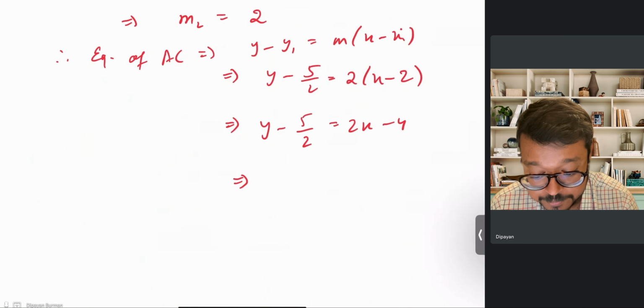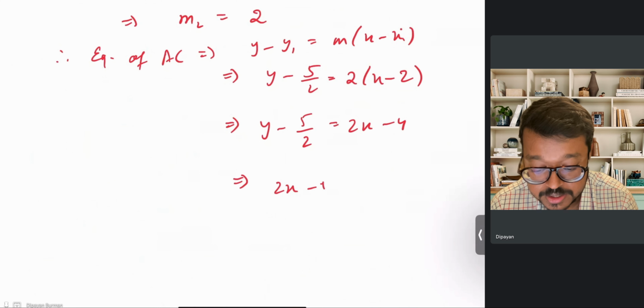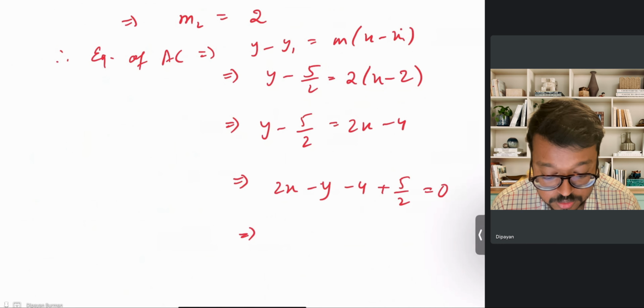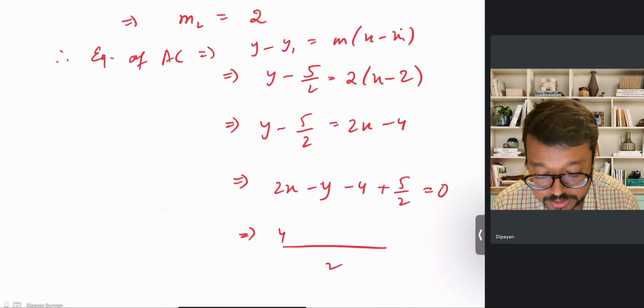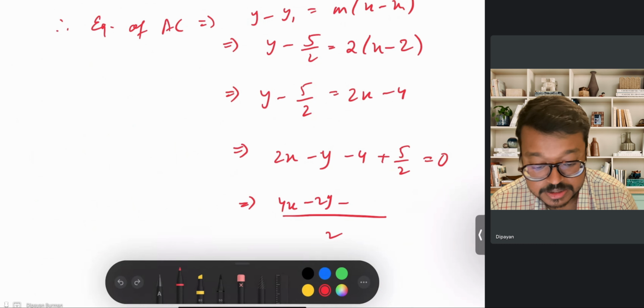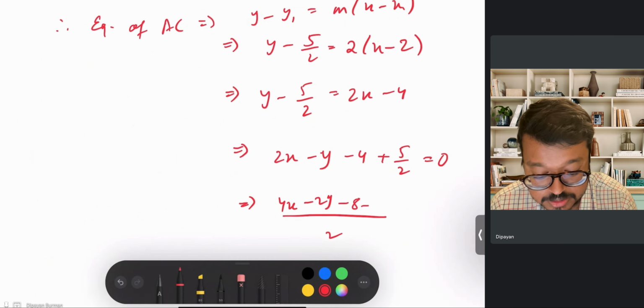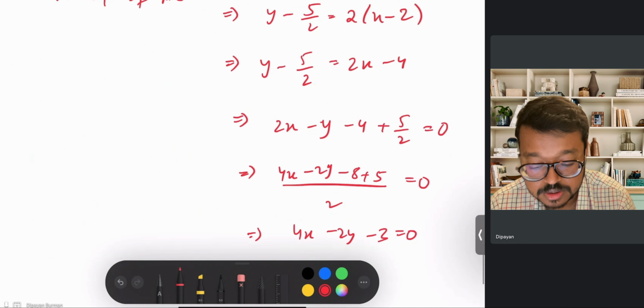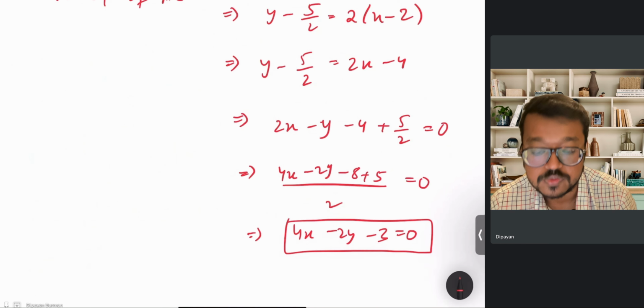So we have 2x minus y minus 4 plus 5 by 2 equal to 0. If I take a common denominator of 2, 4x minus 2y minus 8 plus 5 equals 0. So we have 4x minus 2y minus 3 equal to 0. This is the equation of diagonal AC.